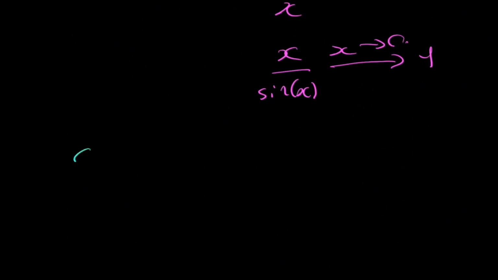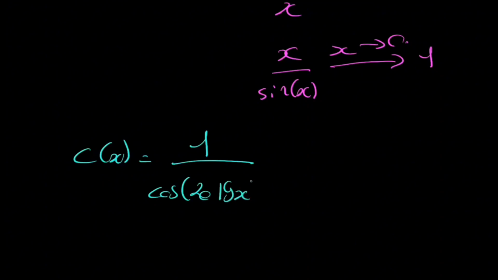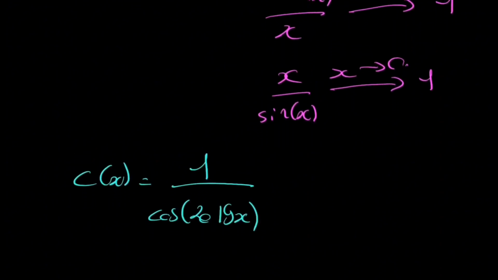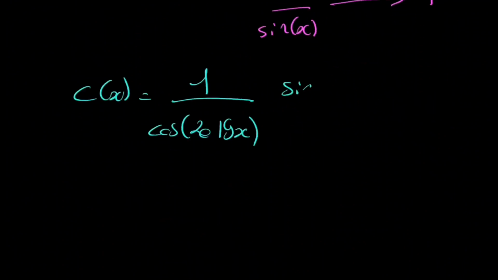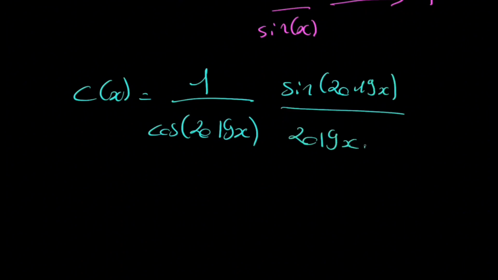So we still have c of x equal to 1 over cosinus of 2019x. We want to make appear sinus of 2019x over 2019x.